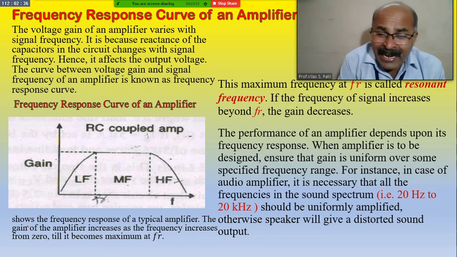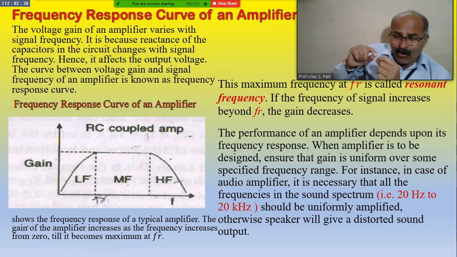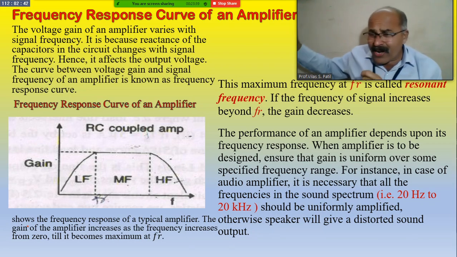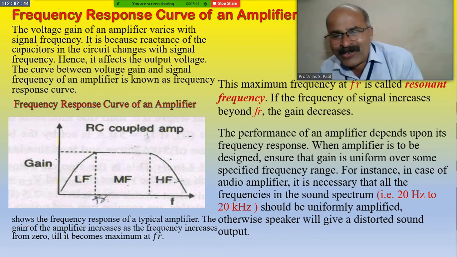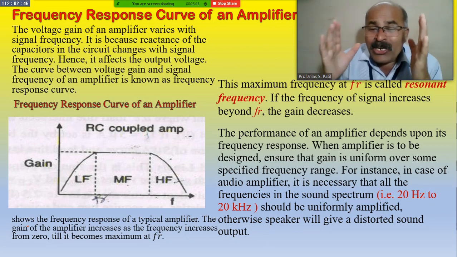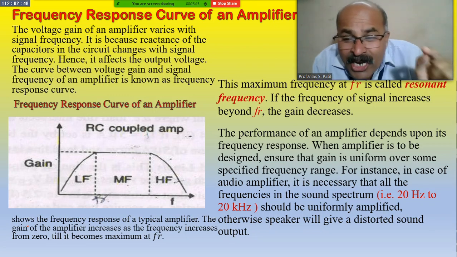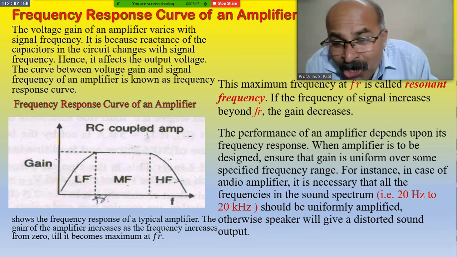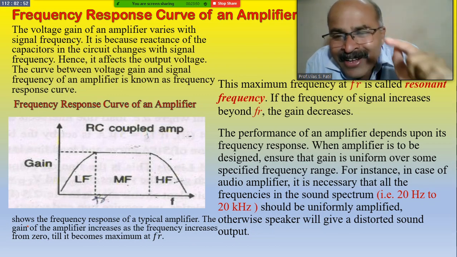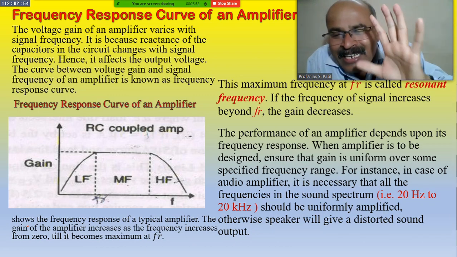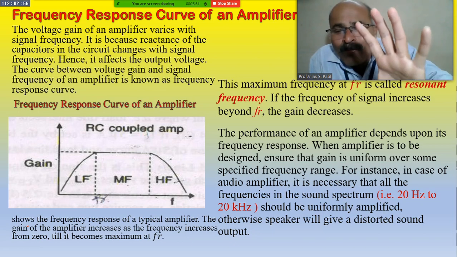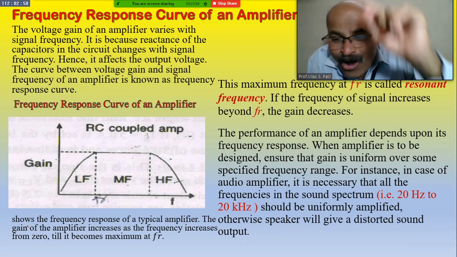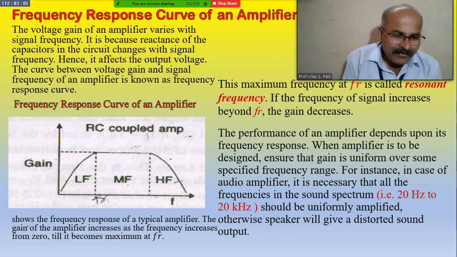For very low frequency, the output voltage is going to increase, and for higher frequency, the output voltage is going to decrease. And due to that, such a nature of the frequency response curve will be observed in the transistor amplifier, that is the common emitter mode.